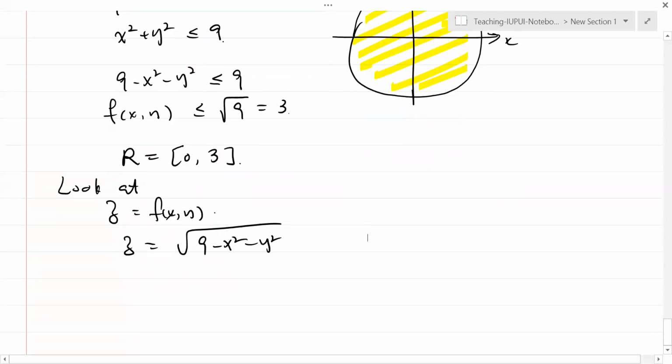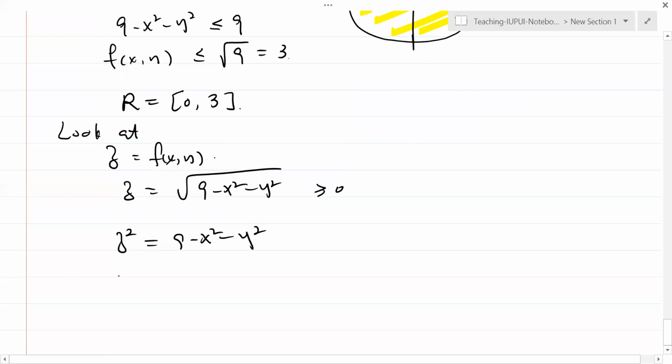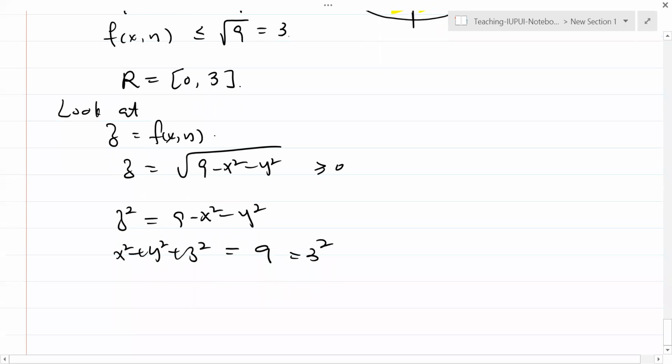When you modify this equation you get z squared equals 9 minus x squared minus y squared, and I can move x squared and y squared to the left. 9 is 3 squared, so it is a sphere with radius 3.